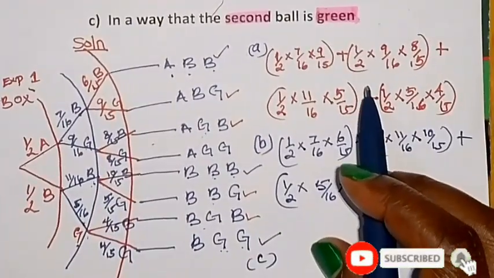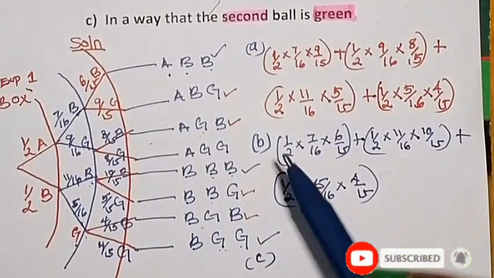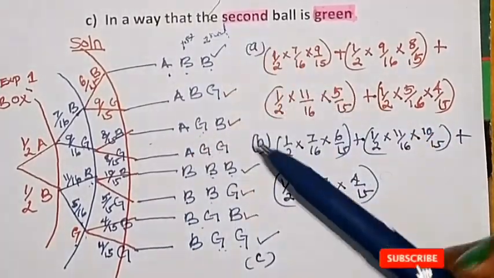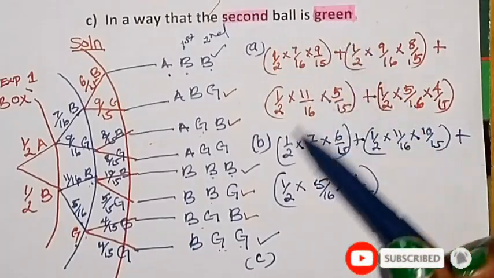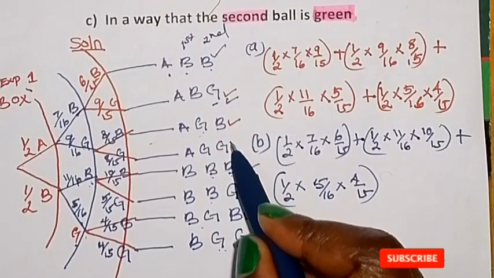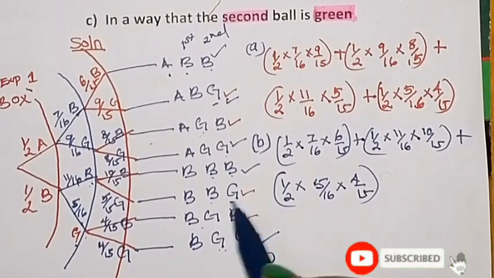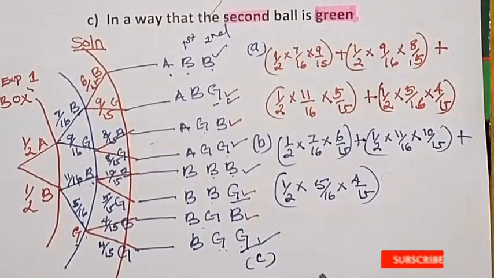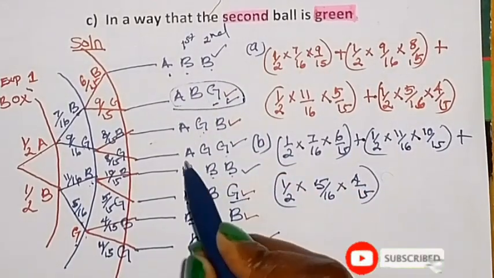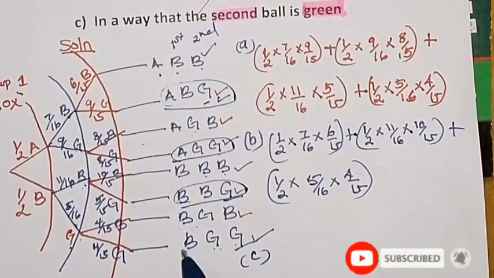Let's look at C. In a way that the second ball is green, so the second ball, this is the first ball, don't forget that, and this is the second ball. So we are going to consider this because we are interested in the second ball being green. We have that and this. So we have how many possibilities? 1, 2, 3, and 4.